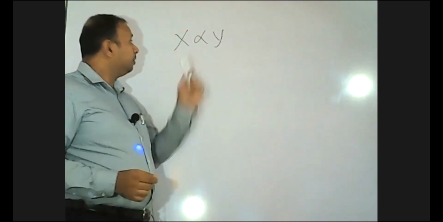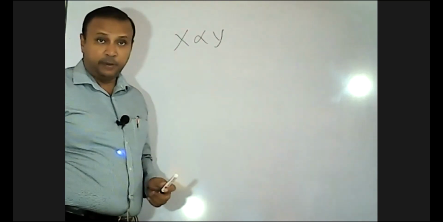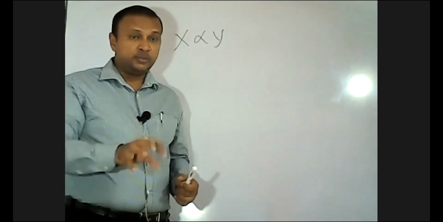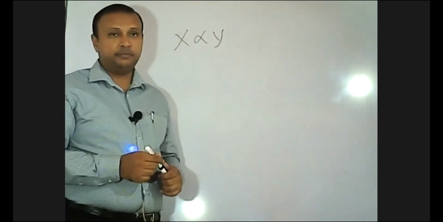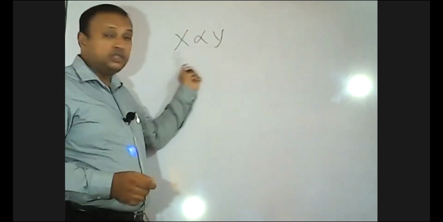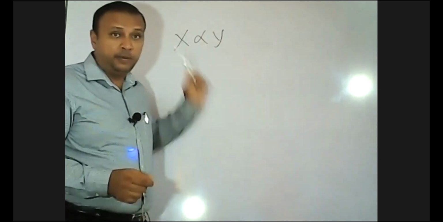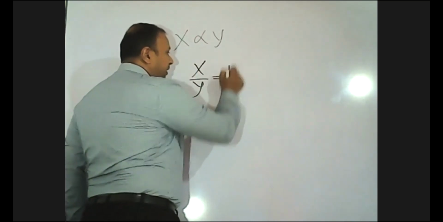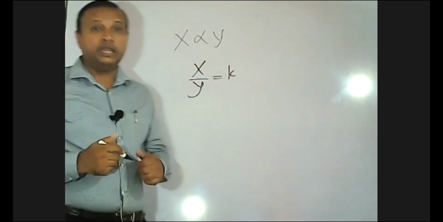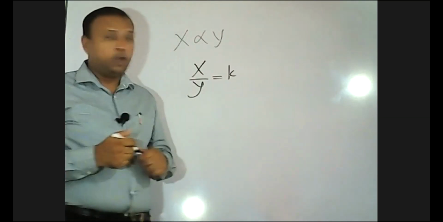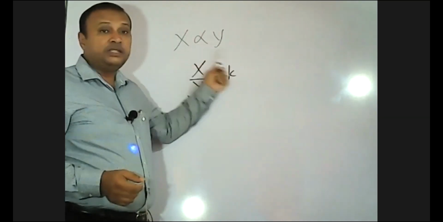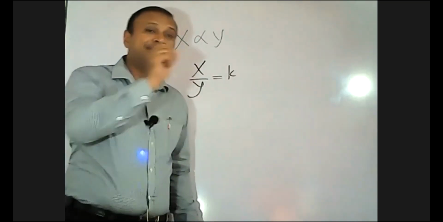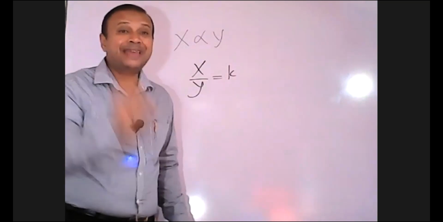If two physical quantities are directly proportional, we can use that definition to build an equation, because the ratio between them is a constant. So if any two physical quantities are directly proportional, we can use that relationship to build an equation.